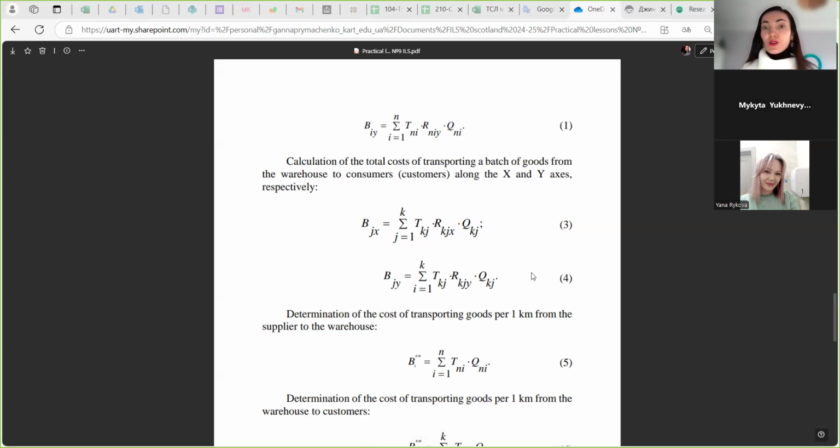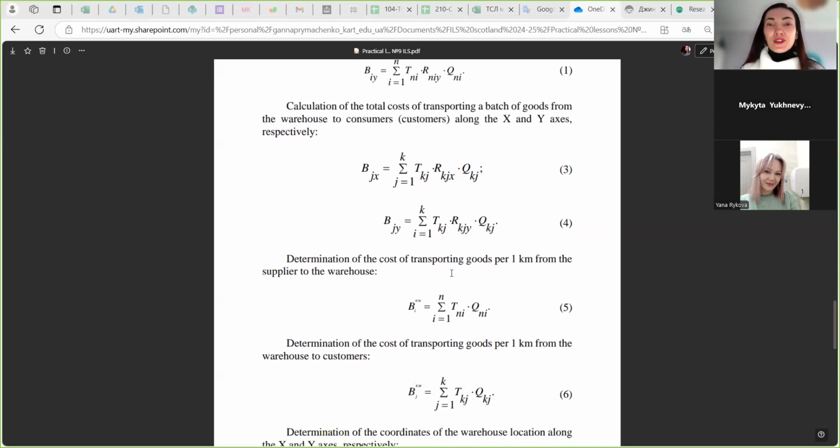And now we need to calculate the same, but the distance along axis y. x, y are used in the Latin alphabet, yes. So our fourth formula, please open it if you have your materials calculated from previous practical lessons.